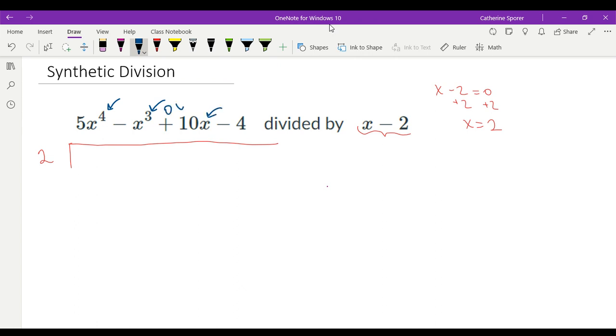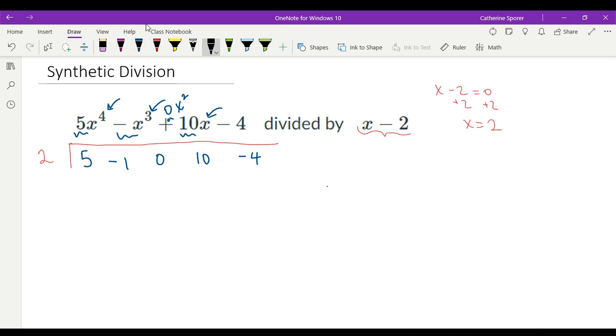So we need to put a 0x squared in the middle, in between the x to the third and x to the 1. Then we're going to pull all of the coefficients of each of these terms. So 5, negative 1, 0, 10, negative 4. So that's the setup of the division.